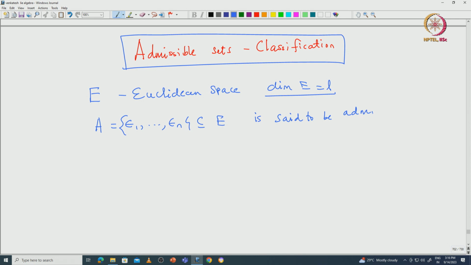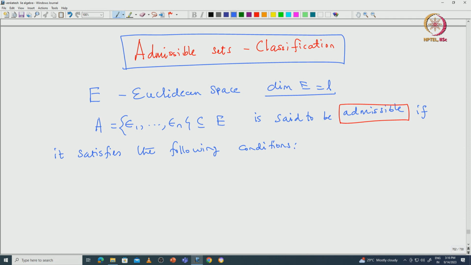If it satisfies the following conditions. So, what are they? The very first condition, they should be linearly independent, plus they are all unit vectors.